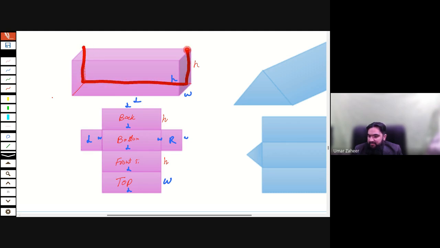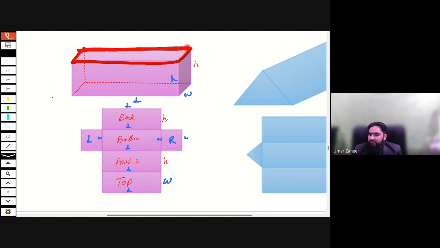It is the back side, in which this is the length and this is the height. In the same way, the front face has the length and the height. The top one has the length and the width.